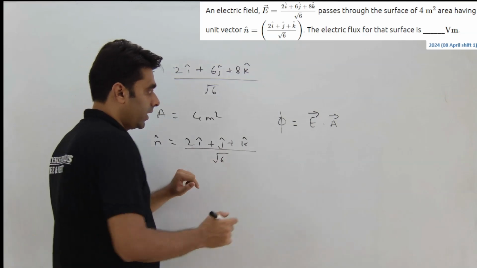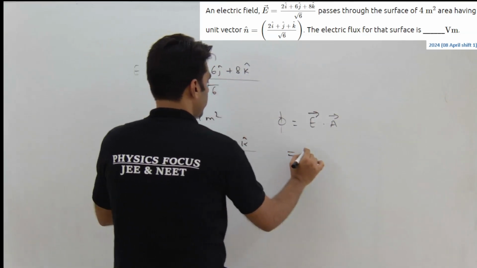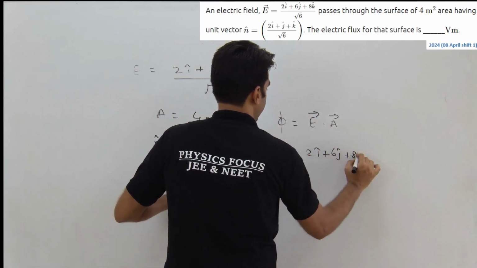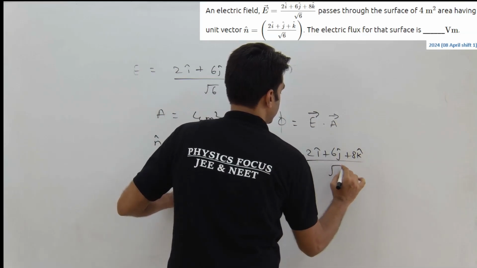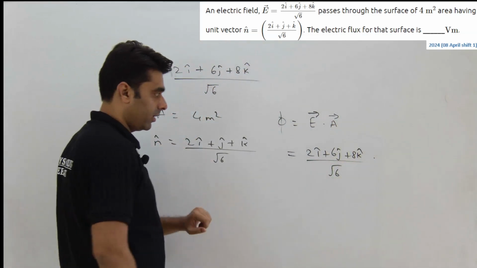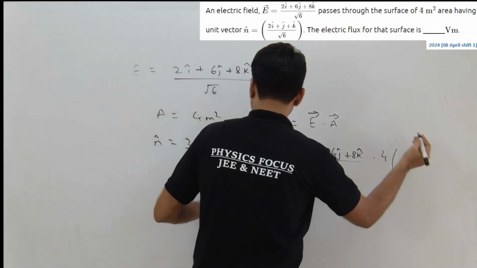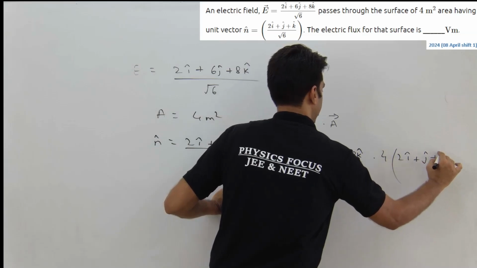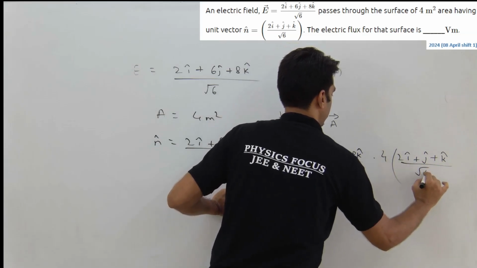So E is 2I cap plus 6J cap plus 8K cap by root 6, into area vector 4 into the unit vector, 2I cap plus J cap plus K cap by root 6.